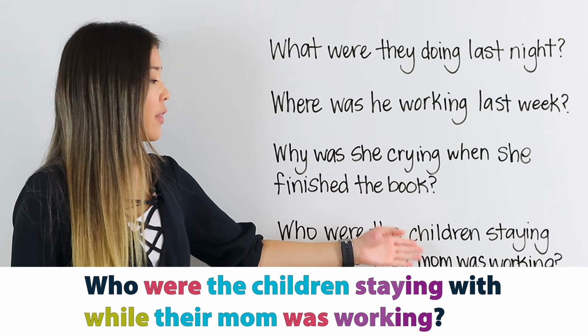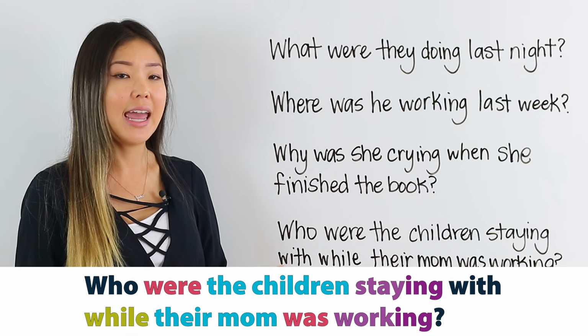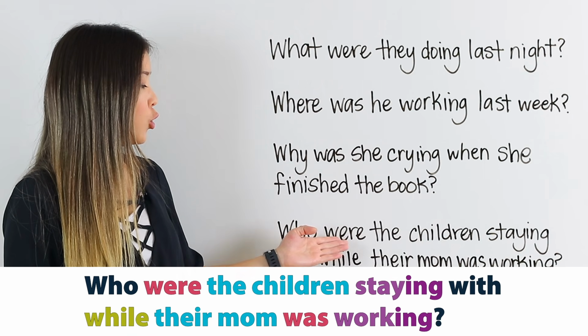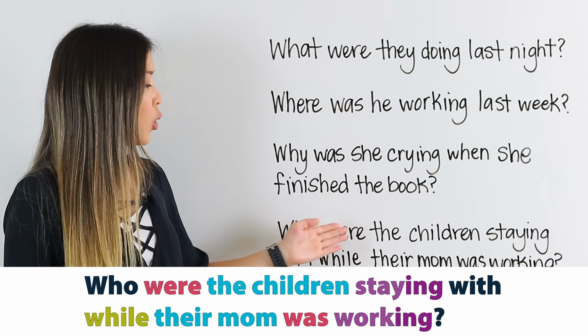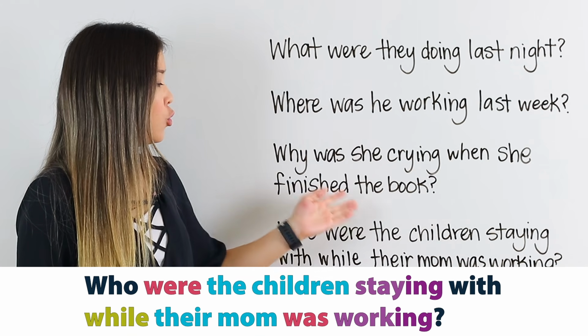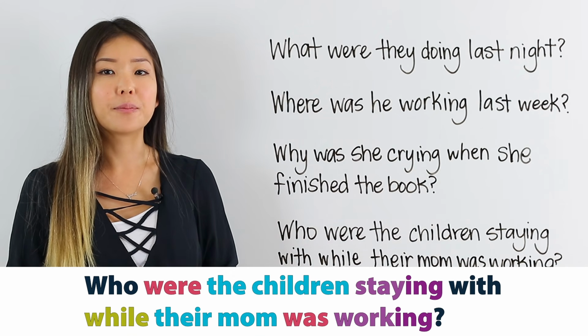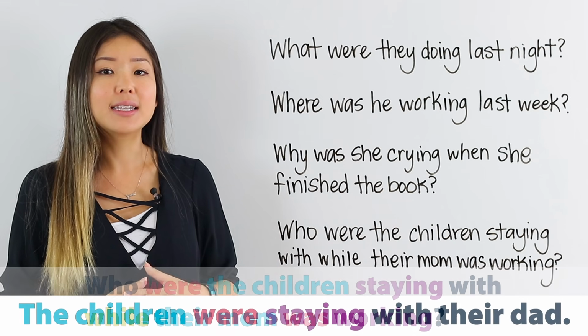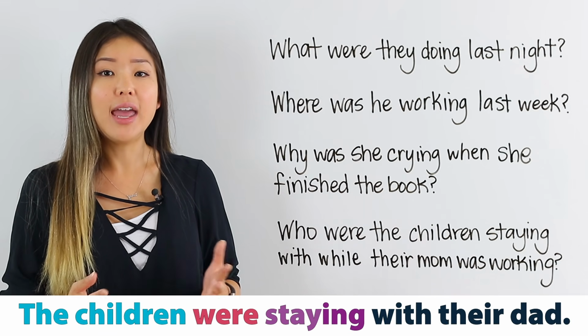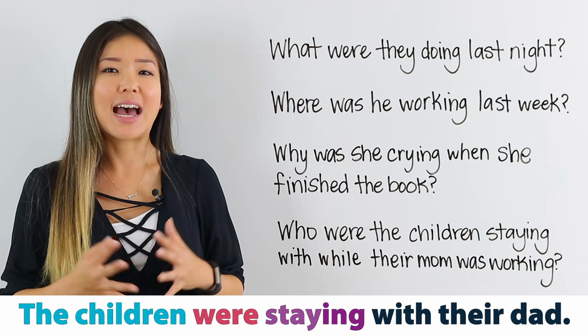In this case, the children is a they, so we follow who with were. Who were they, or who were the children staying with while their mom was working? To answer, I can say the children or they were staying with their dad.